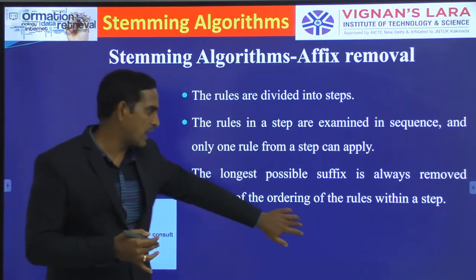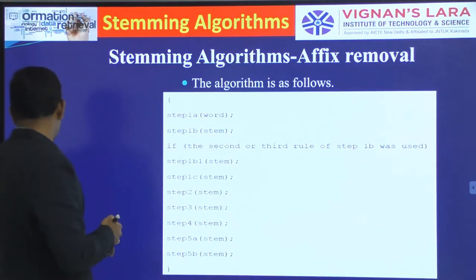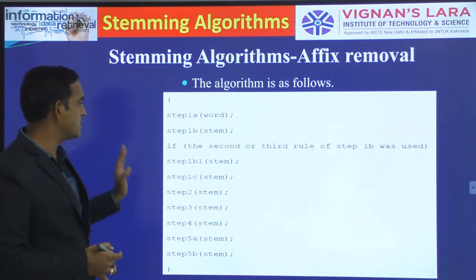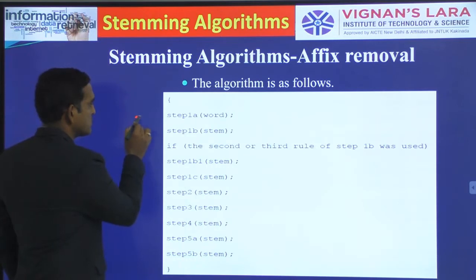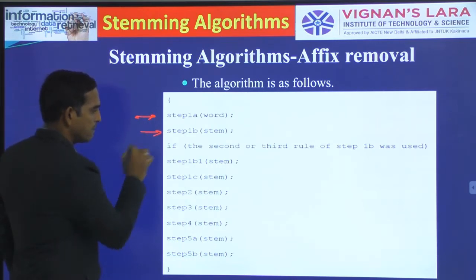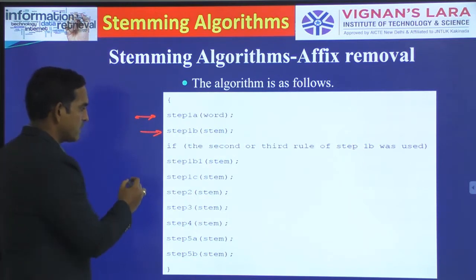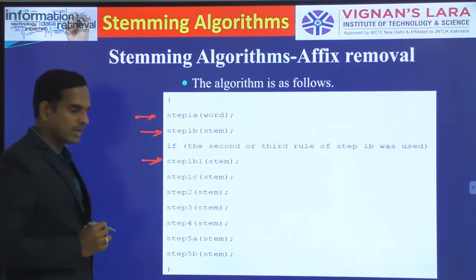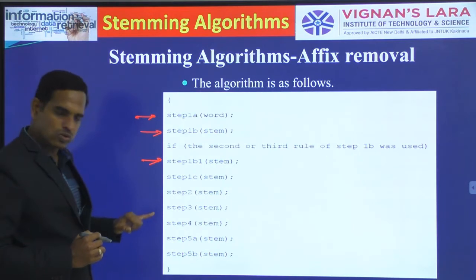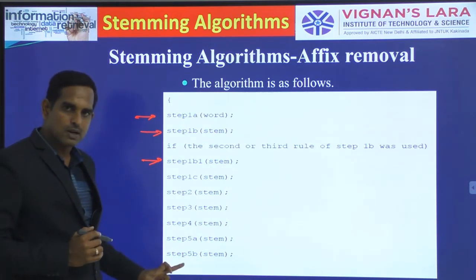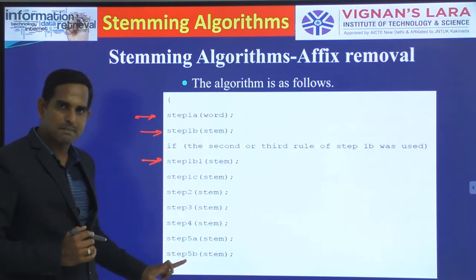So we have this algorithm. Porter's algorithm is present in this manner, where you have a sequence of steps: step 1A, step 1B, and as a part of step 1B you have step 1B1, then step 1C, step 2, step 3, step 4, step 4A, step 5A and step 5B.